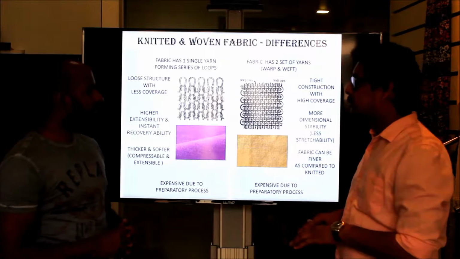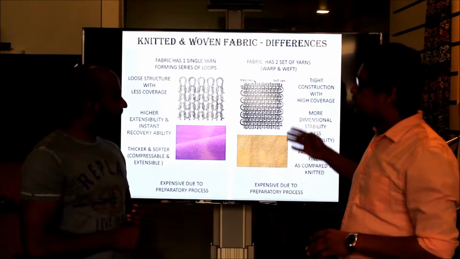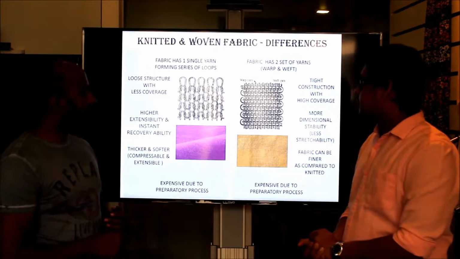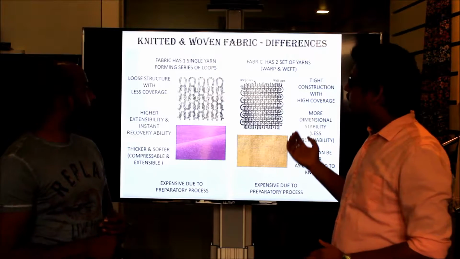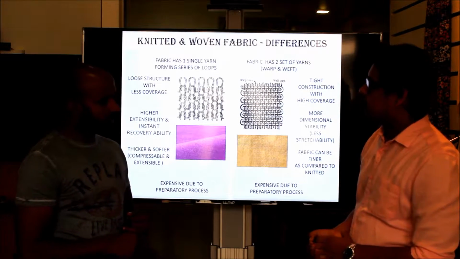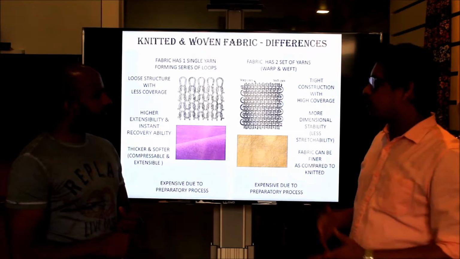There is much less air gap between the yarns, so it is much more structured. That's the reason why it has got loose coverage in the knitted fabrics as compared to the woven fabrics, and the stretchability also differs.